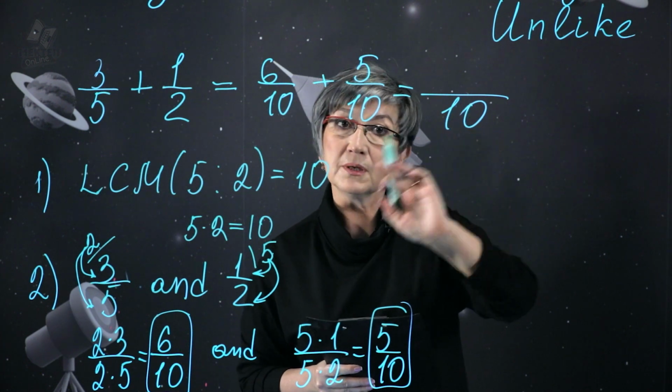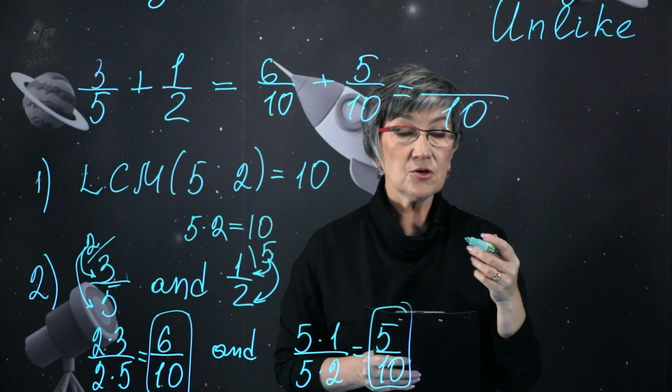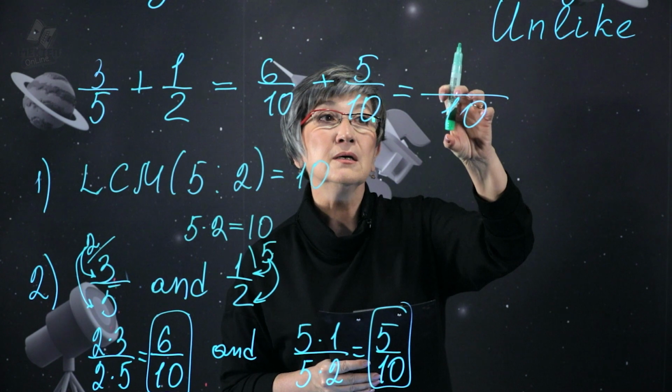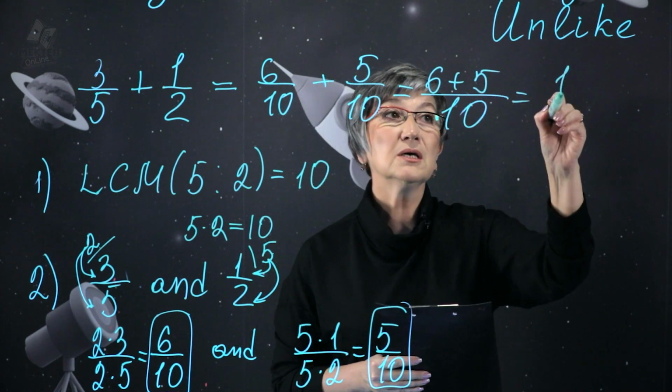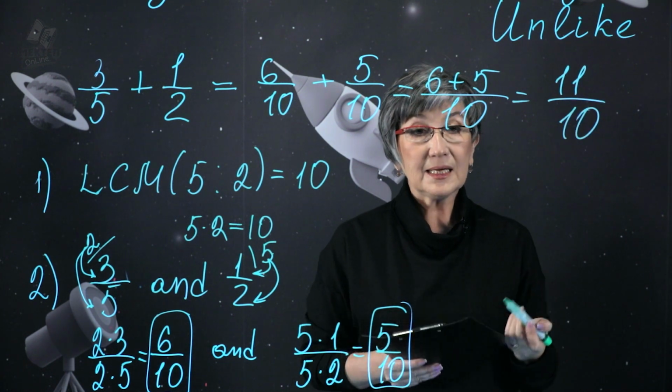The denominators are not added together, but rather fixed and written down once we have reached a common denominator. In tenths, we have 10. So let's combine the top numbers, and the outcome will be a fraction equal to 11 divided by 10.